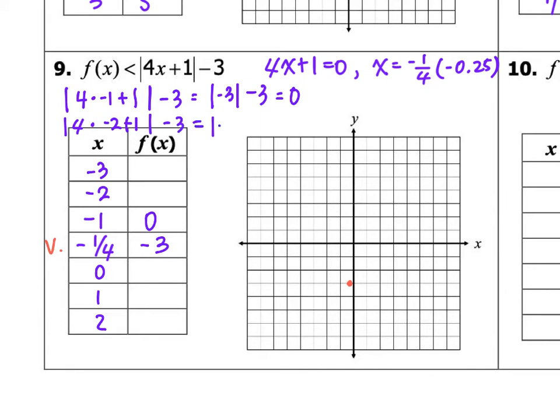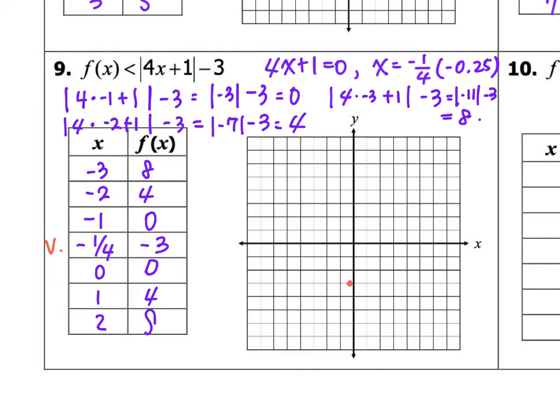That will be negative 7 with the absolute value, minus 3. 7 minus 3, 4. So this will be 4. And 4 times negative 3 plus 1 with the absolute value, minus 3, that will be negative 11 with the absolute value, minus 3. 11 minus 3 will be 8. So the other side will be the same.